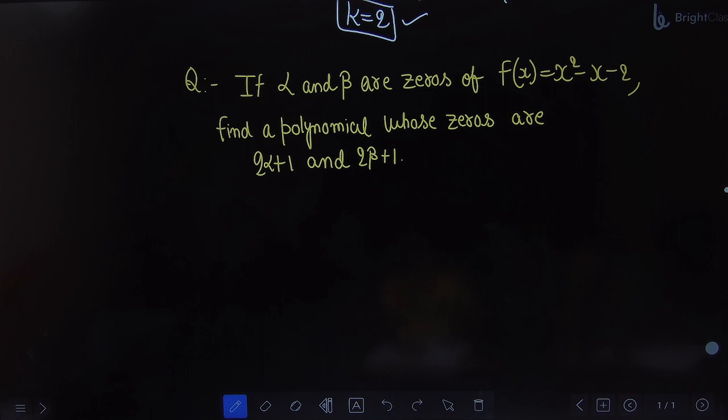Without factorizing, they are not asking alpha and beta. You need alpha plus beta. Alpha plus beta that you can directly find, na? Getting it? Alpha plus beta and alpha beta we can directly find by using the coefficient thing.